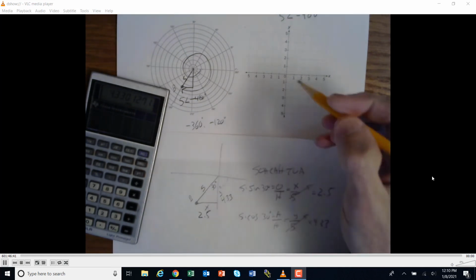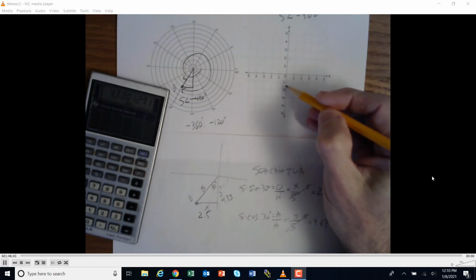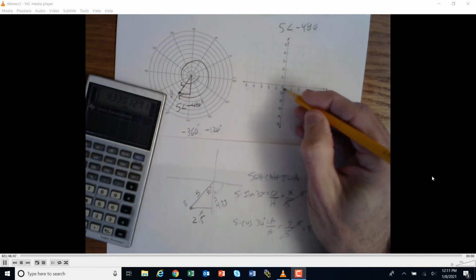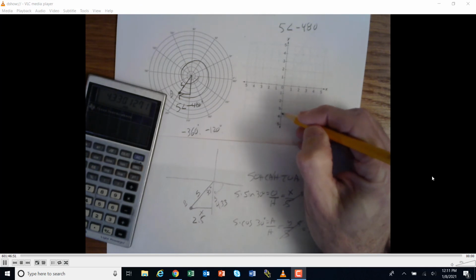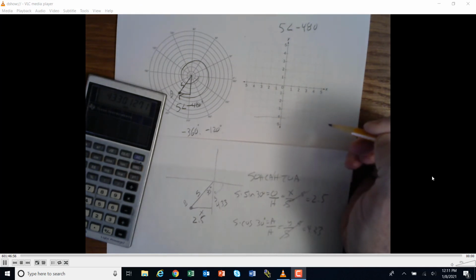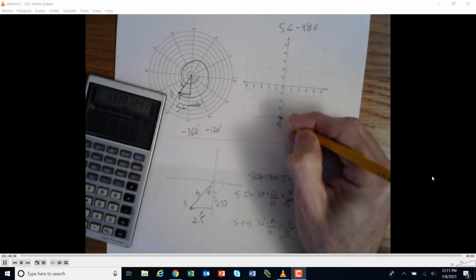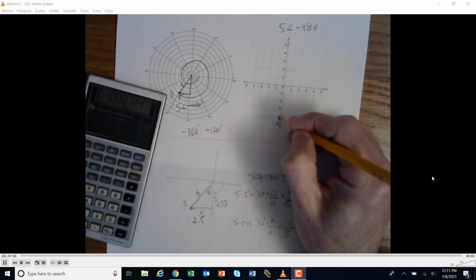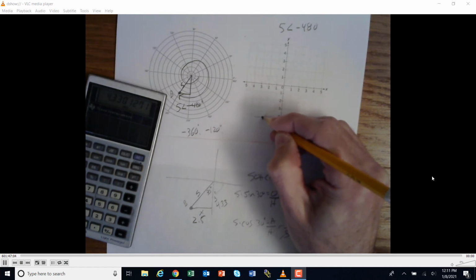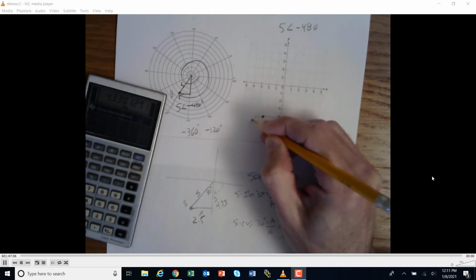Okay, so now I can come up here and I can plot it on my rectangular coordinates here, because this is 4.33 in this direction, 1, 2, 3, 4, and about a third. So I'm going to draw it lightly in here somewhere, 4 1/3, and I'm going to go negative 2.5 right here, 1, 2 1/2, and I'm going to put it like right about there, and that is my point B.